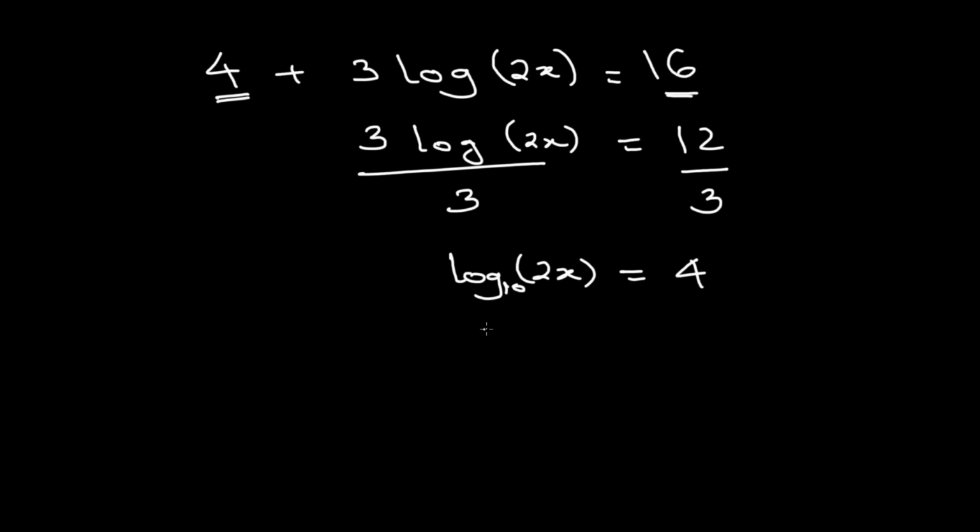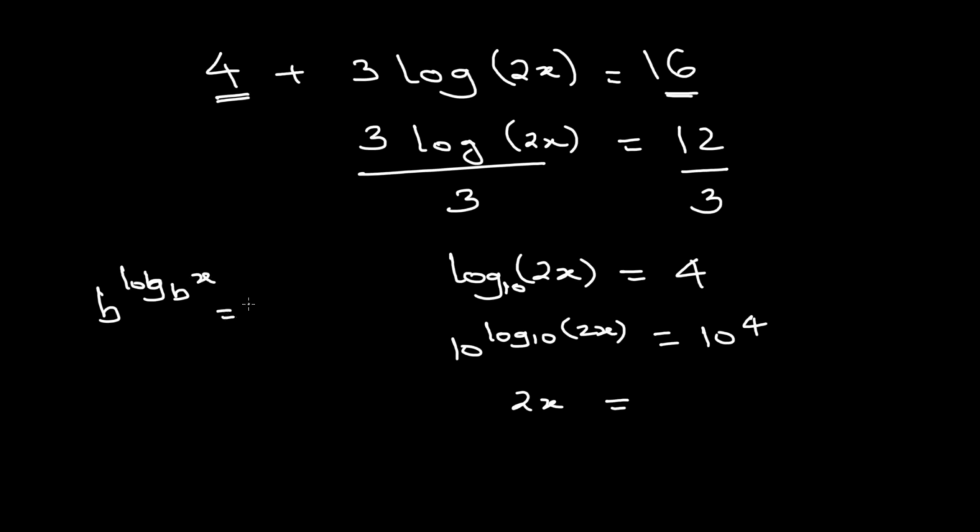So now I'm going to raise this to the power of 10. Then here we're going to have 10, and here we'll have 10 power 4 as well. This one becomes that, because we have that rule that log b of x, raised to base b, is x.